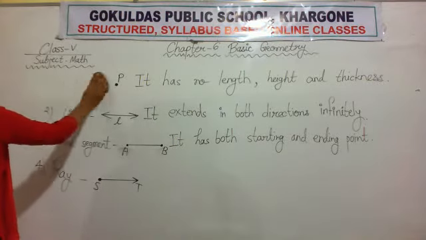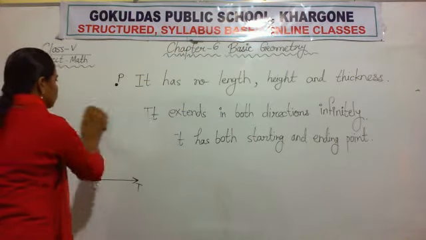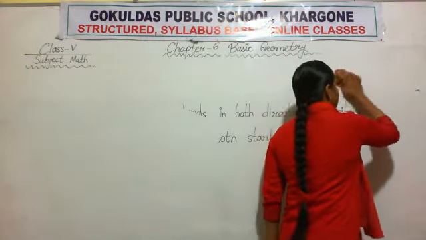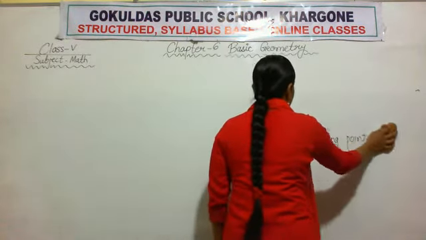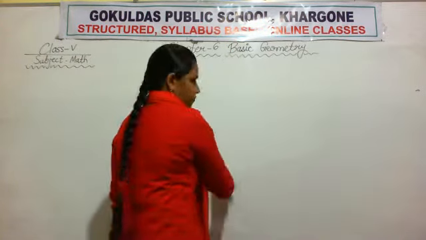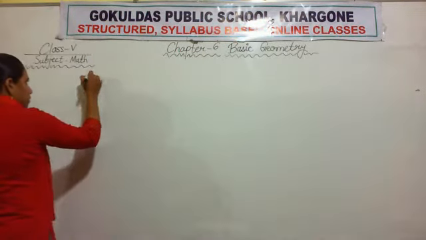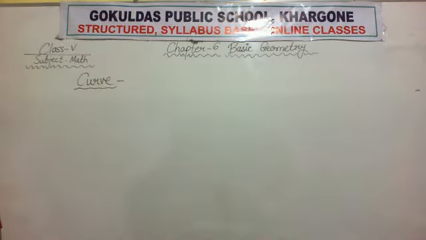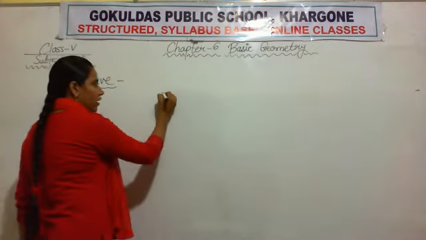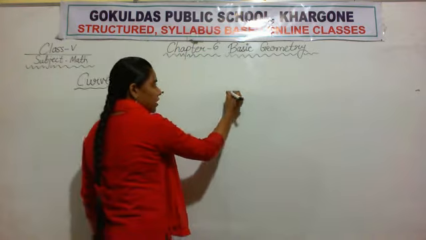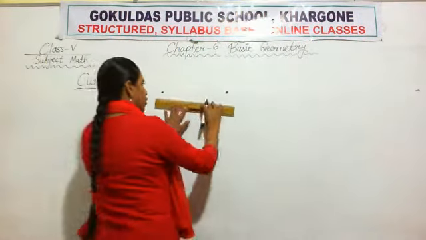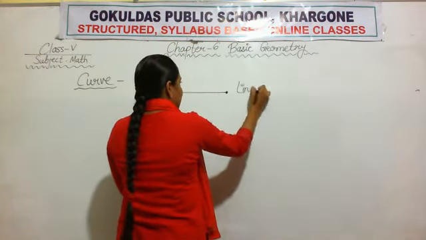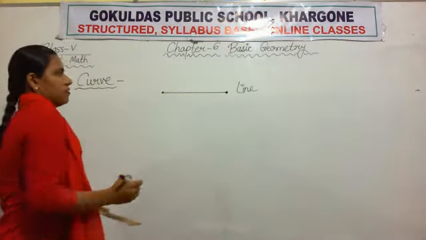Now some other terms related to geometry are curve, closed curve and open curve. As I told you, if we join two dots with the help of a ruler, we call it a line or line segment.